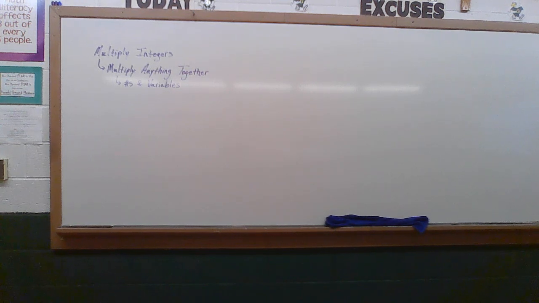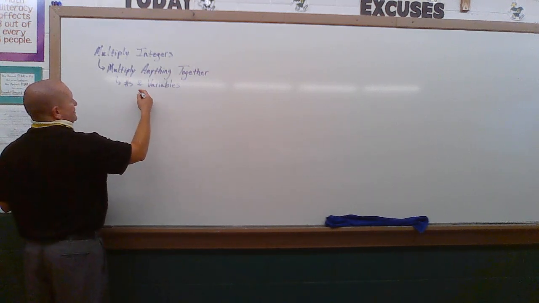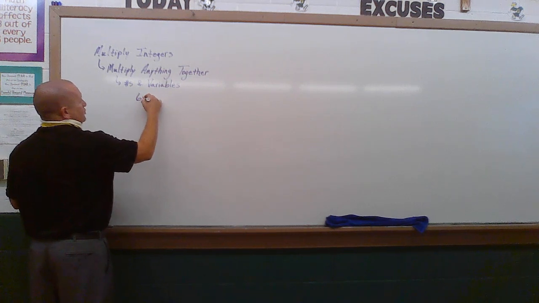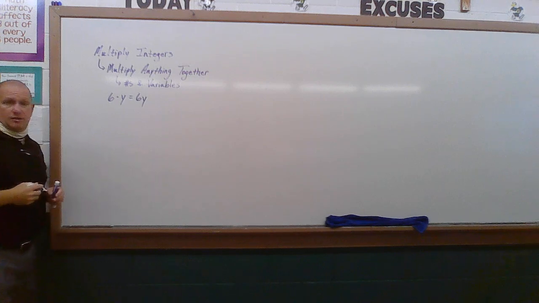Well, that would be if I had multiple of the same variables. What if I have a number, though, 6 times y? How do I show that I actually multiply? I just write them together, right? So when you multiply anything together, you can just put the letter and the number together.